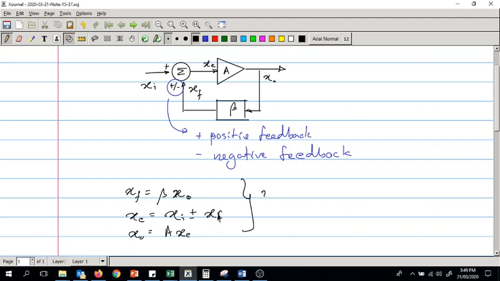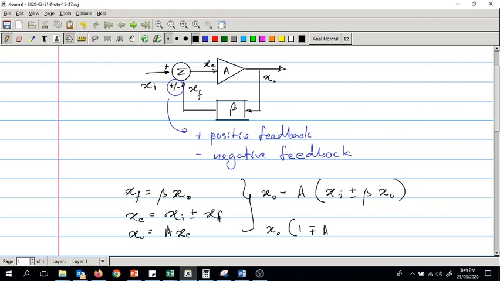Now from all these three, let's try to find x out. x out is equal to A xe. A xe is A times xi plus or minus xf, and xf is beta x out. So we can take x out in here. So x out into 1 minus or plus A beta equals A xi, since a plus sign, when you take it to the other side, becomes minus, and minus becomes plus.